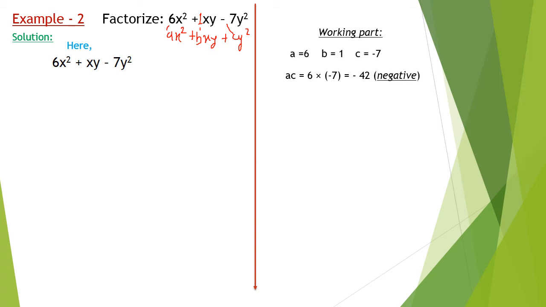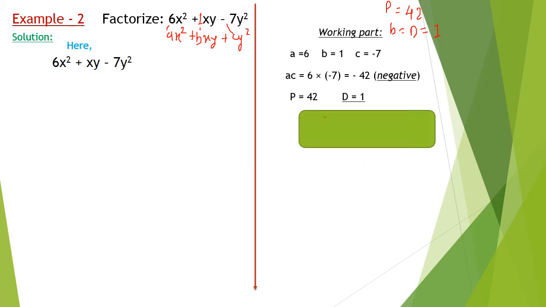That means we have to find two numbers whose product is 42, taking b always with a positive sign, and whose difference is b, that is 1. So we have to find two numbers whose product is 42 and difference is 1.